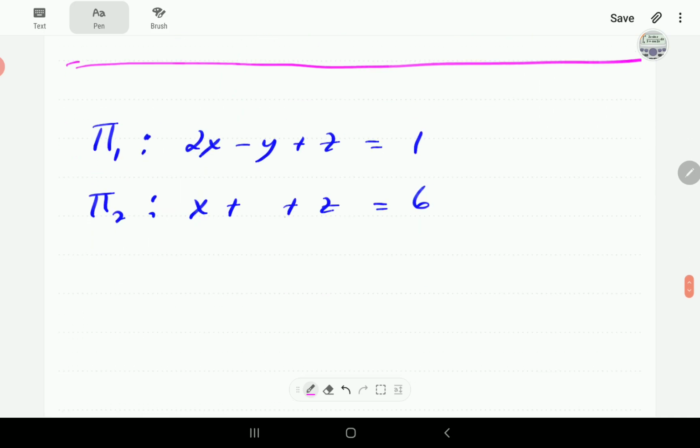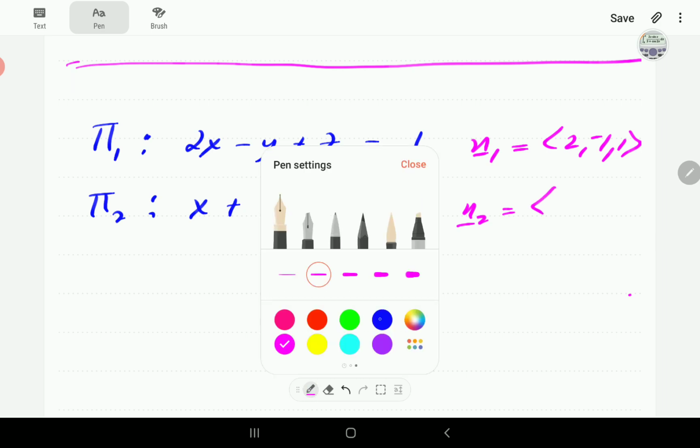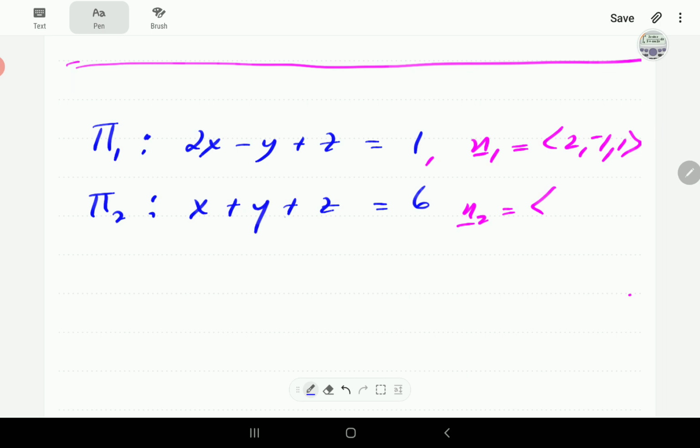So when you've got two planes, the angle of intersection is going to be the angle between the two normals. Okay, so straightforward. From this one, the normal, which we're going to call n1, is going to be 2, minus 1, 1. And from this one, the normal is going to be 1, 1, 1.